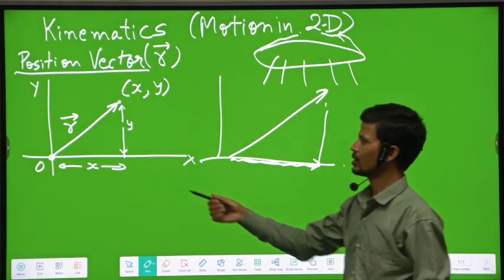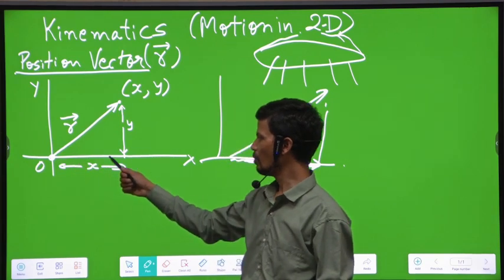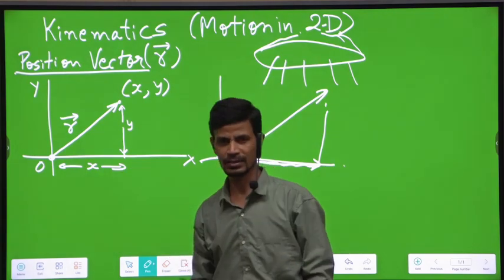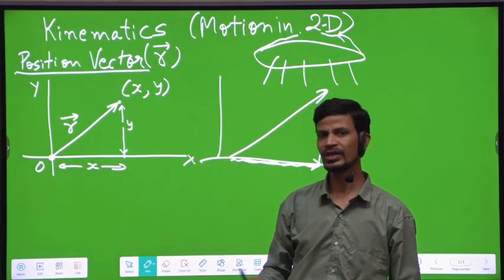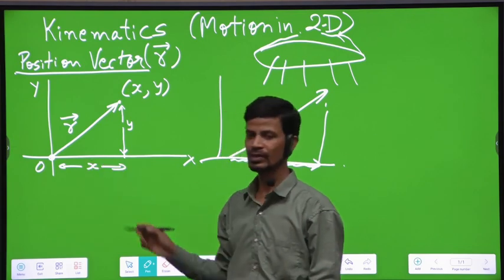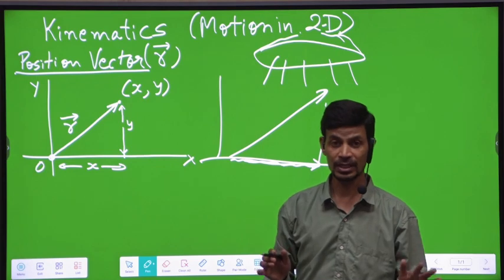In the same manner, you can see here, this r has a component along the x-axis which has value x, or we can say r has a projection on the x-axis which has the value x. Both statements are correct.